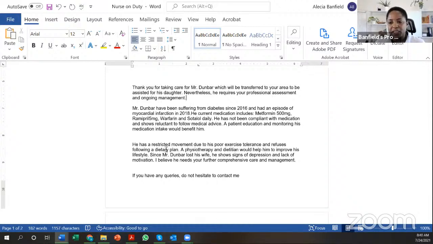His current medication includes metformin 500, ramipril 5, warfarin, and sotalol daily. He has not been compliant with medication and shows reluctant to follow medical advice. A patient education and monitoring for his medication intake would benefit him. He has restricted movement due to his poor exercise tolerance and refuses following a dietary plan.